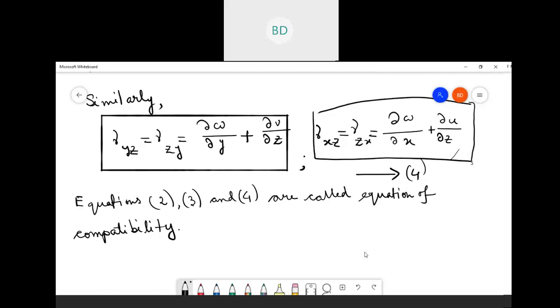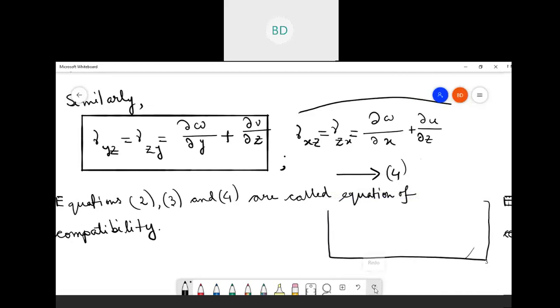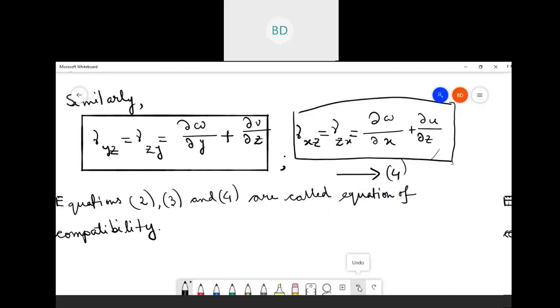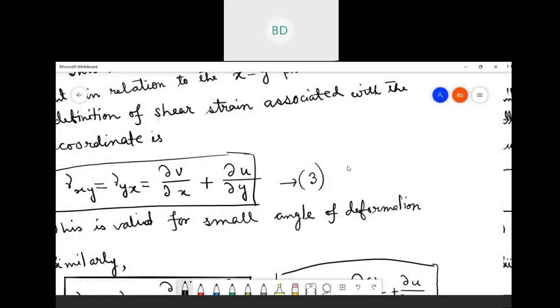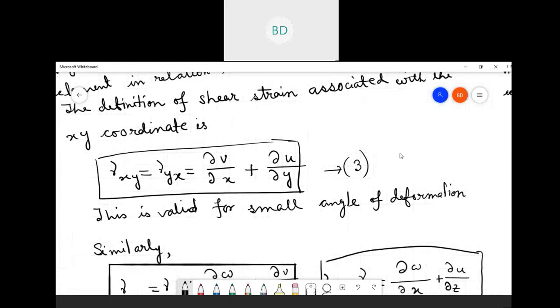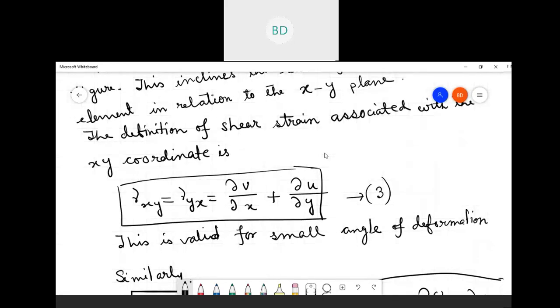For example, let us go to this equation, suppose equation number 3. Listen carefully. Here you see only the xy plane is there because we have written the definition of shear strain associated with the xy coordinate. So there will not be any z coordinate.